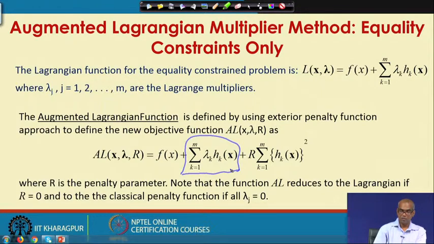So, you understand clearly that the augmented Lagrangian function is the Lagrangian function plus the penalty term. If the penalty term vanishes, what remains is the Lagrangian, and if the Lagrange multipliers become 0, what remains is the classical penalty function.